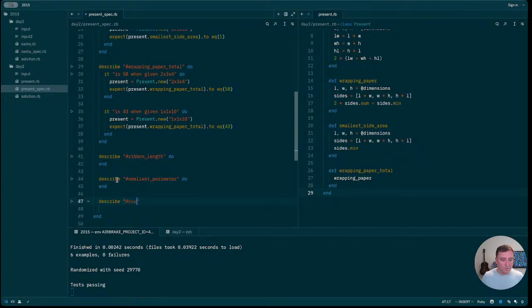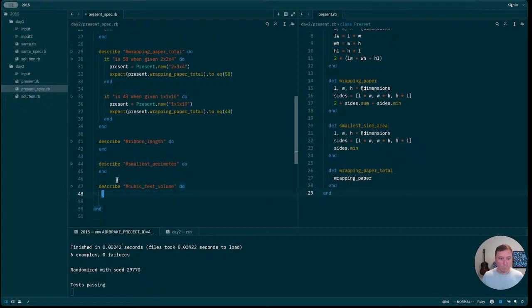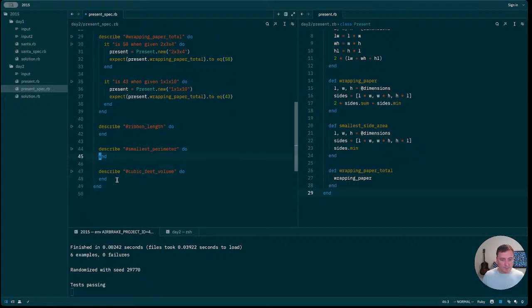Describe cubic feet volume. Okay, so for the smallest perimeter, it is 10 when given 2 by 3 by 4, and it is 4 when given 1 by 1 by 10.